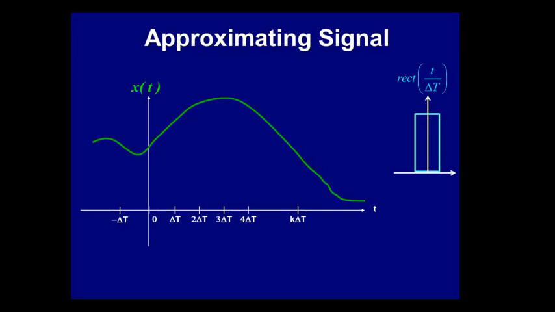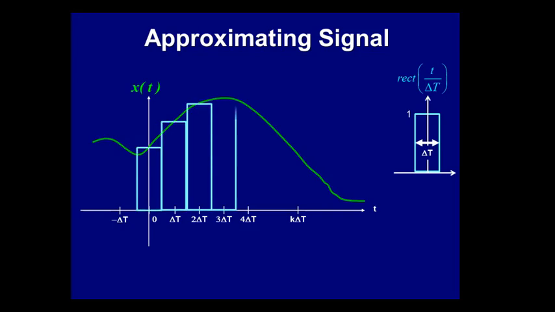And I'm going to be able to make a bunch of those. I'll start one centered on t equals 0. I'll butt them up right next to each other so that, well, they have a width of delta t, so the centers are spaced by delta t. So this one's centered on 0, this one's centered on delta t, 2 delta t, 3 delta t, 4 delta t. Any one in general is centered on k delta t.